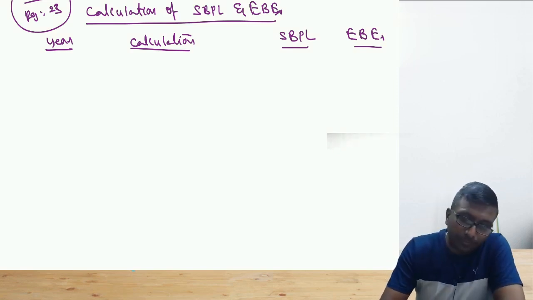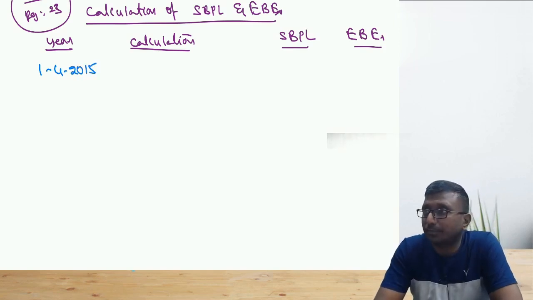Chalo, first year means which date? 1/4/2015. First day. Vested, na? Yeah, immediately vested.